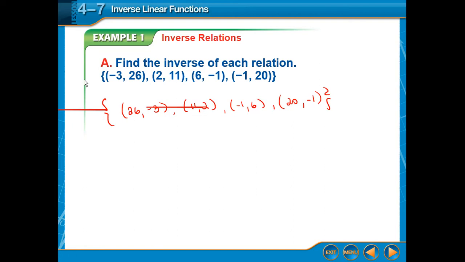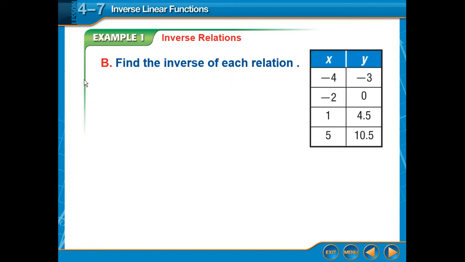Easy, right? So the inverse of this one, I'm just switching them. So I'm going to have negative 3, negative 4, 0, negative 2, 4.5, 1, and 10.5, 5.